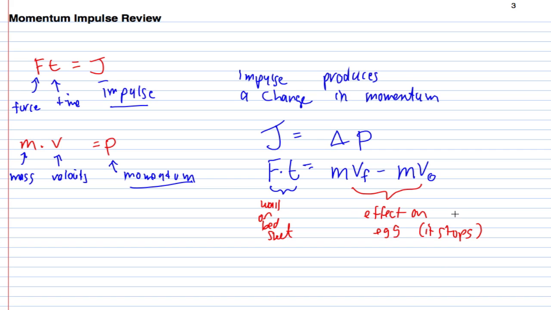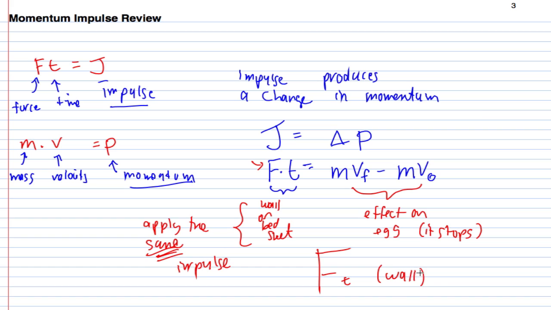And what I want to be clear on though is that the wall and the sheet in the video apply the same impulse. And as it says in the video, a big force over a small time, that's the wall, okay, versus a small force over a big time, that's the sheet.